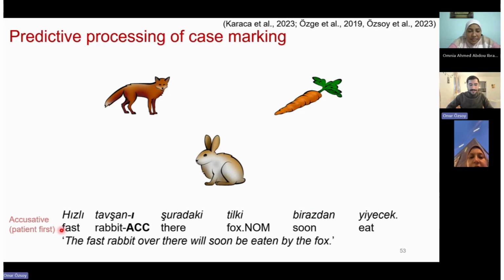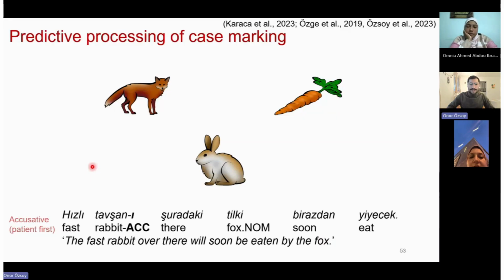What the sentence reads is: the fast rabbit, this guy, there, the fox will soon eat. You could translate it into English with the passive, but that doesn't capture it that well. Turkish has a bit more flexible word order, but the fast rabbit over there will soon be eaten by the fox. But it's an active sentence in Turkish.